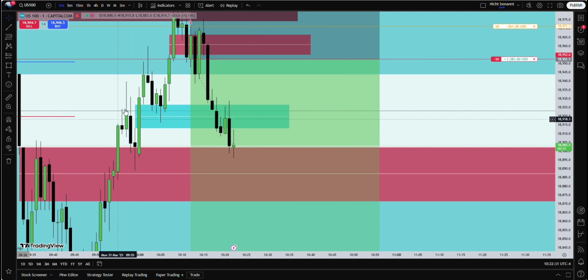Okay, so here this fair value gap, this buy side imbalance sell side inefficiency, this gap between these two candles, you can see here that it fails. It doesn't support the price. I don't like to use the terms support and resistance, but let me just use it for this case. So price fails it, it closed below it.